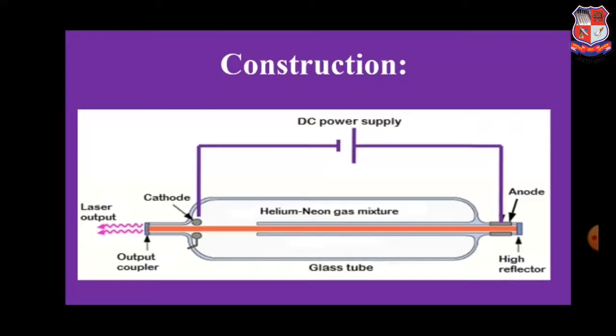We will observe the working procedure by which the interaction of the electric current from this DC power supply with the helium and neon gas mixture is converted into photon energy, with which the light rays are emitted. So quite an interesting topic, easy and simple construction. You have to draw this kind of nomenclature figure in your GTU examination.